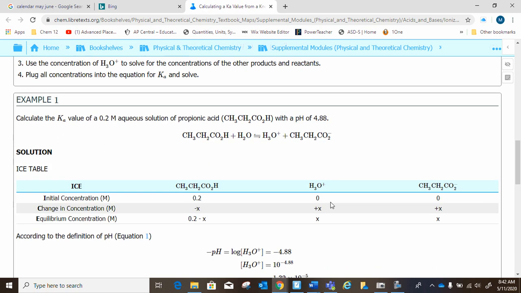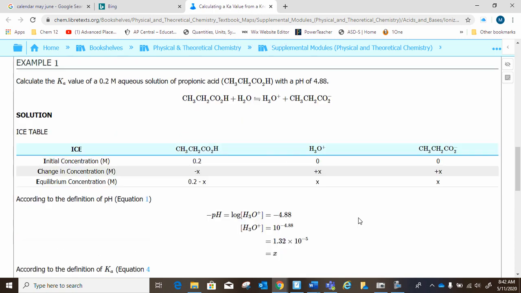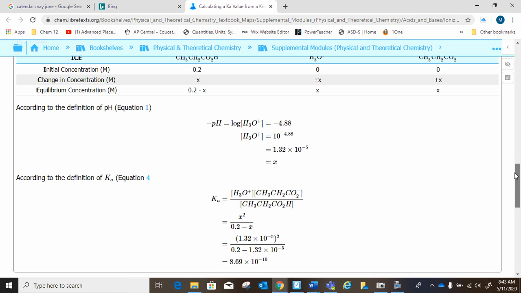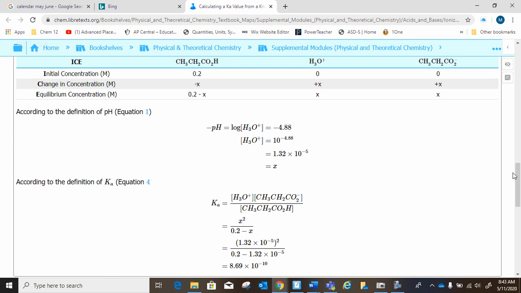Okay, and the x, of course, we found out up here was the value of our hydrogen ion concentration. And how did we find that? By finding the inverse log of 4.88. Okay, so I'll stop here in case you want to screenshot the second part of the question. Okay, and again, you'll see it's a very, very weak acid with a Ka of 10 to the negative 10.